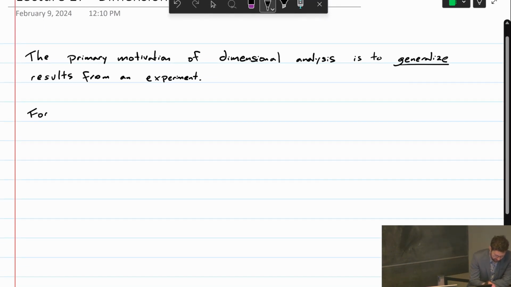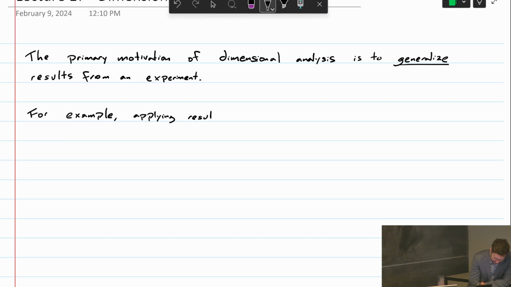So, for example, applying results from a small scale prototype to, I'll say, a design scale geometry.